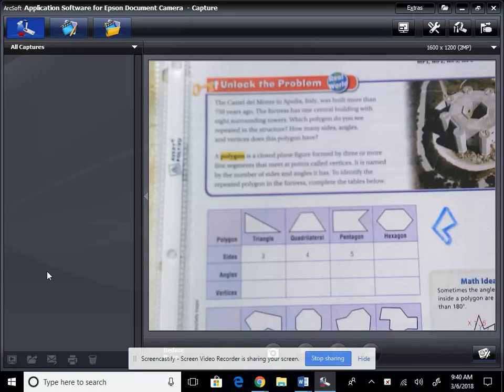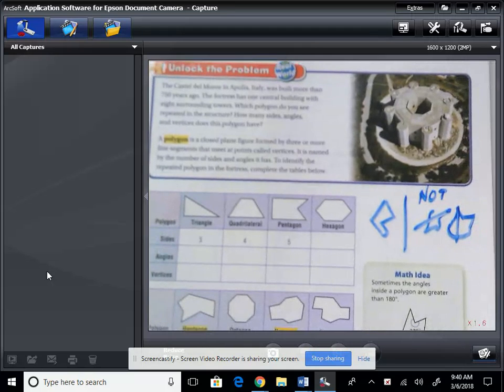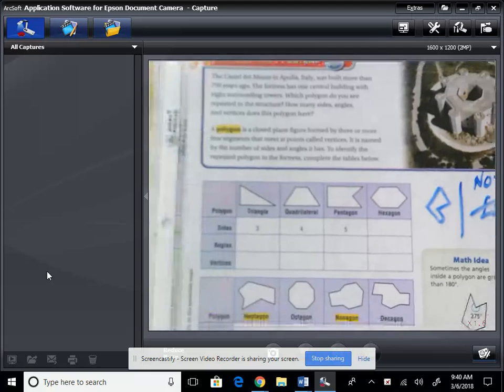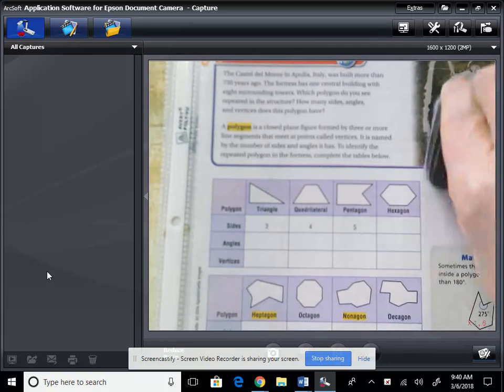So draw me 2 small polygons in your notes, and then draw a couple that are not polygons, so that we at least have down what a polygon is or what it is not.